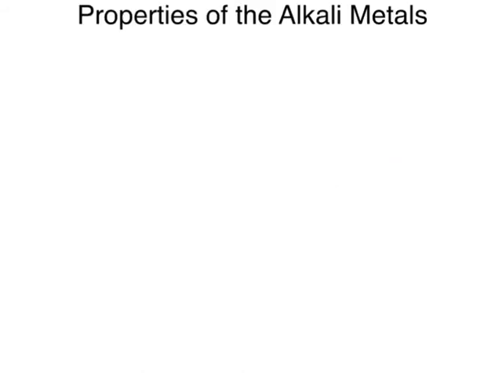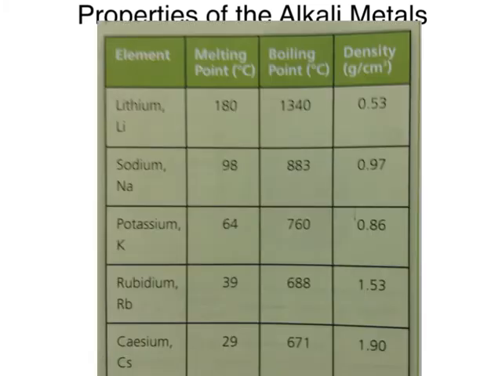Okay, so we're going to have a quick look at this table of data here, and this will tell us the properties of the alkali metals. Now, as we look first of all at the melting point, we start with lithium being 180, and then it goes down and down and down, with cesium having the lowest melting point at 29 degrees C, which for a metal does appear to be very low.